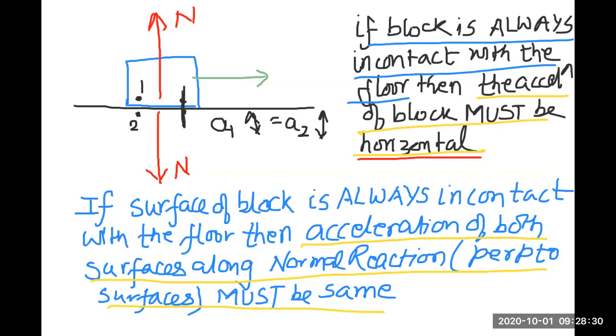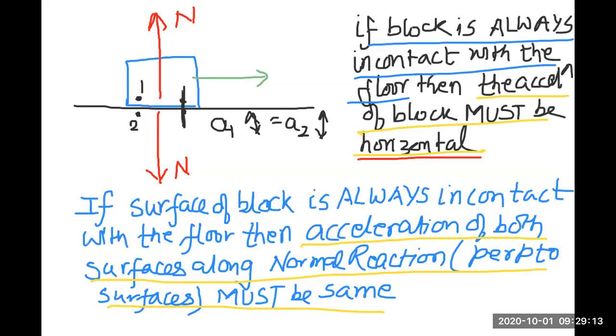The block would lose contact with the floor, right? और अगर point 2 का acceleration ऊपर की तरफ ज्यादा हो गया point 1 से, तब ये block floor के अंदर धंस जाएगा, right? It will actually go inside the floor, which again is not allowed, right? So contact छूट गया, ये भी allowed नहीं है. Contact है और एक बॉडी दूसरे बॉडी के अंदर घुस गई, ये भी अलाउड नहीं है. Therefore, the acceleration of the 2 points must be same.